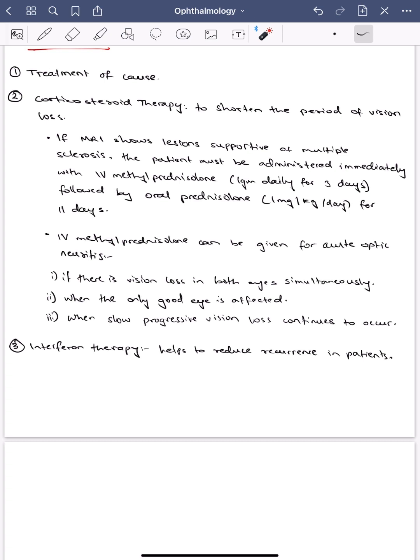So the second mode of treatment is corticosteroid therapy using IV methylprednisolone, and this is given immediately if the MRI scan reveals presence of multiple sclerosis. And IV methylprednisolone can be given for acute cases where there is vision loss in both eyes, or when only the good eye is affected, or when there is slow progressive vision loss which continues to occur.